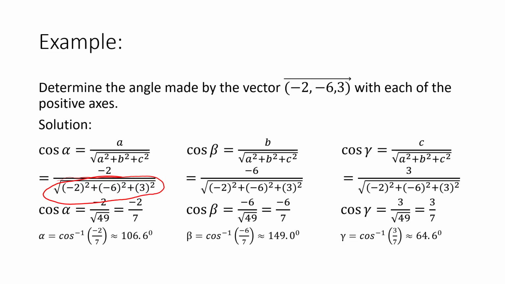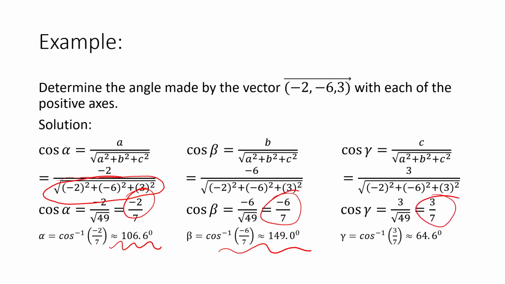So letting alpha be the angle made with the positive x-axis, we see that cos alpha will be negative 2/7. So alpha will be roughly 106.6 degrees. Cos beta, where beta is the angle made with the positive y-axis, will be negative 6/7, meaning beta will be approximately 149.0 degrees.